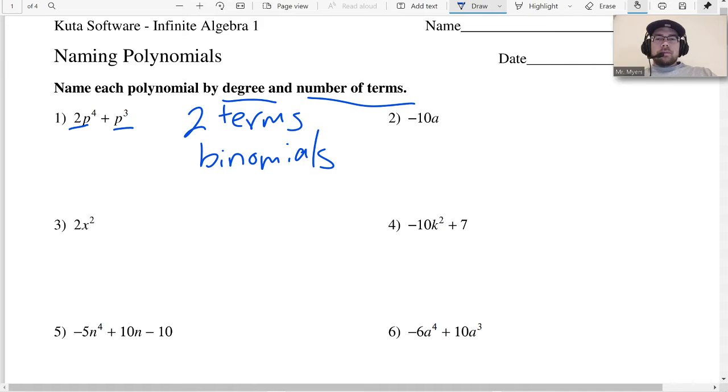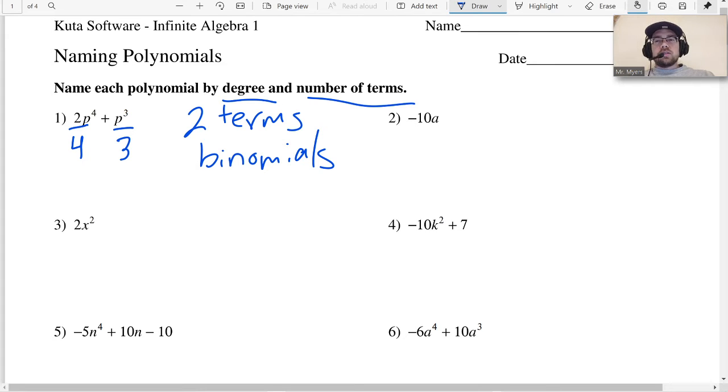Then the degree. Degree is going to be the highest power. The highest power of the first term right here is 4, and the highest power here is 3. So you look at all of the terms. Since it's a binomial, there's two terms. We look at the power of each term.